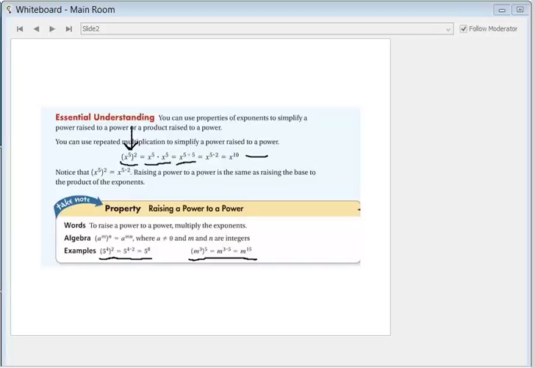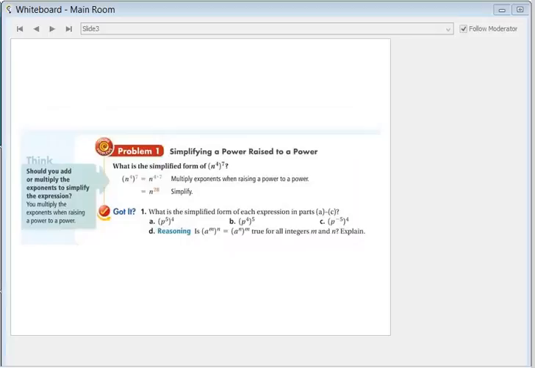We're simply going to multiply those. Remember, feel free to pause and take screenshots for your notes. In this example, we'd have n to the 4th raised to the 7th power. We simply multiply and get n to the 28th.